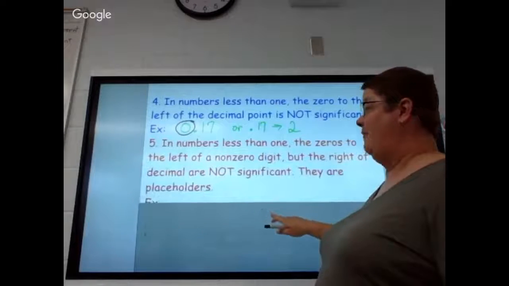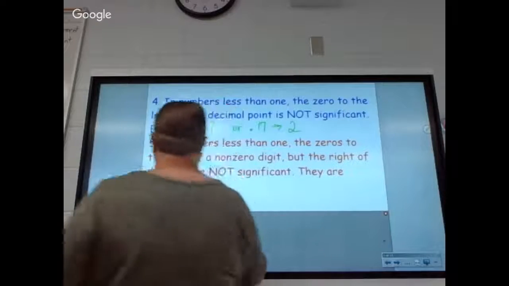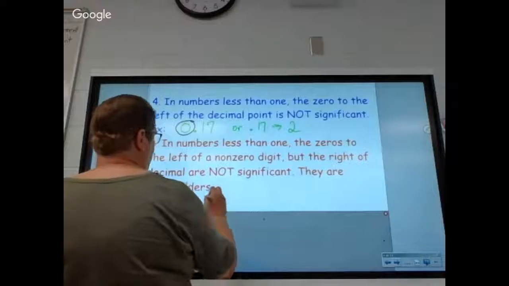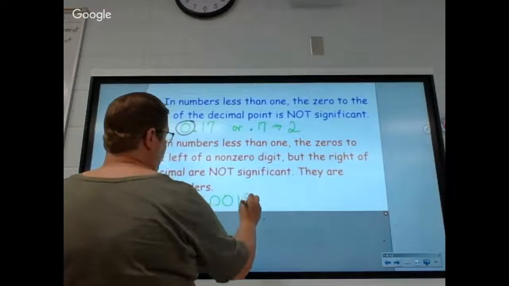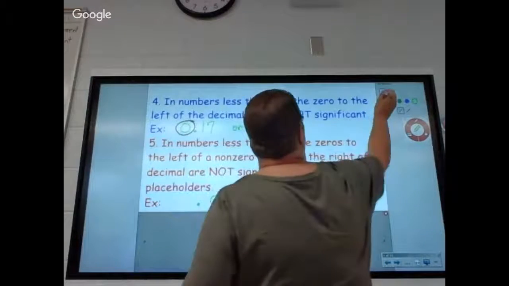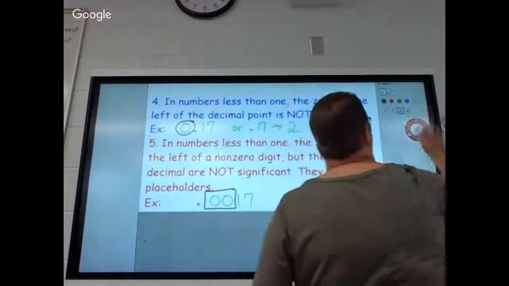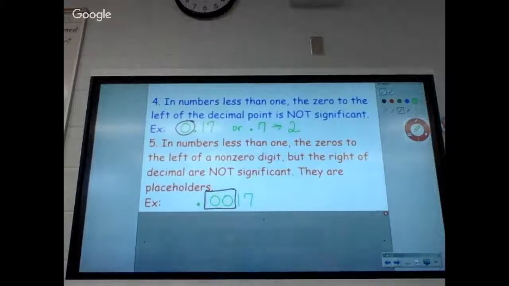Now, number 5 is what Sheena talked about, the placeholders. So if you have a number like 0.0017, these zeros right here are the zeros we're talking about in this example. These zeros are between the decimal and the non-zero digit.